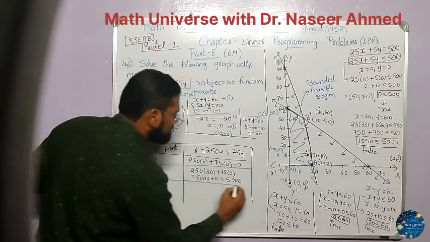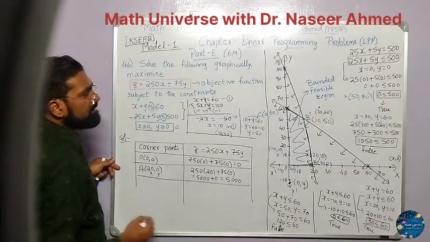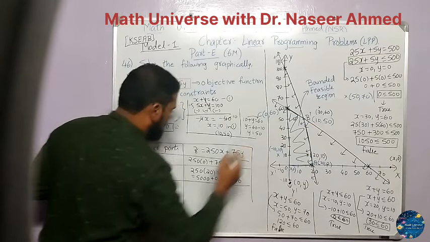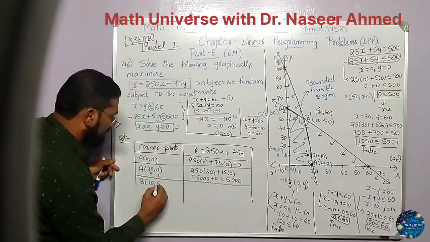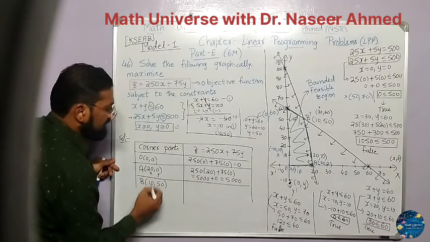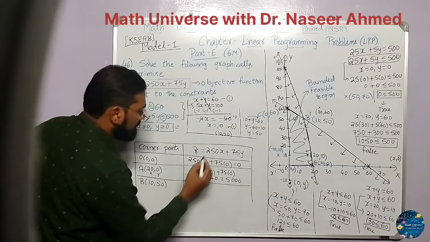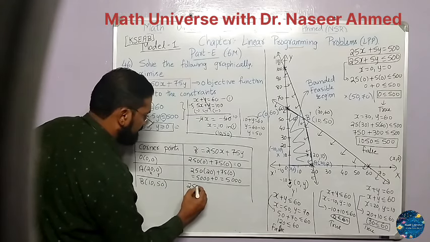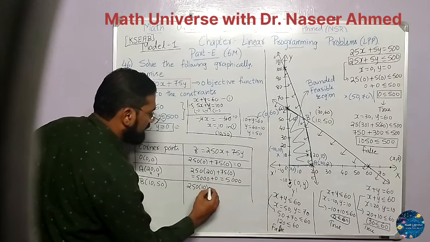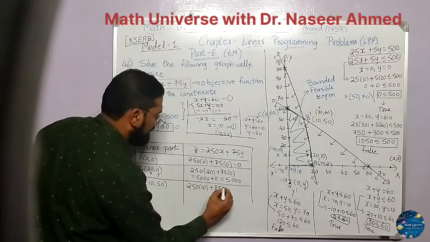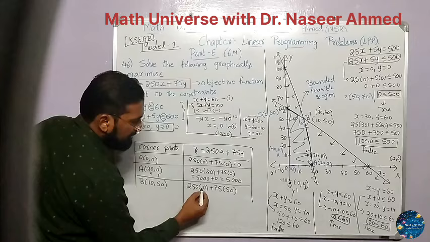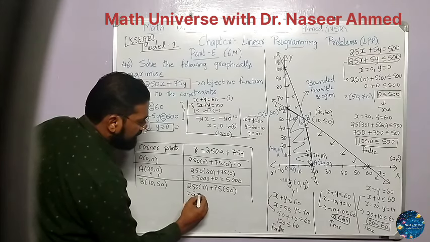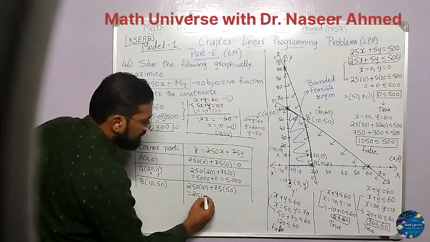Next, if we take the next corner point 10 comma 50, x value is 10, y value is 50, put here in the objective function 250 into 10 plus 75 into 50. 25 into 1 is 25, and there are 2 zeros here.